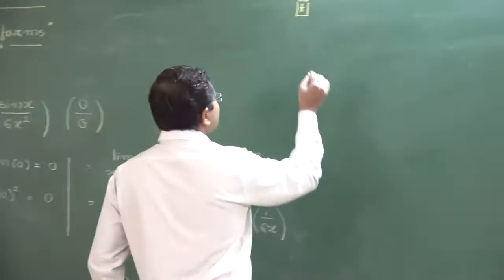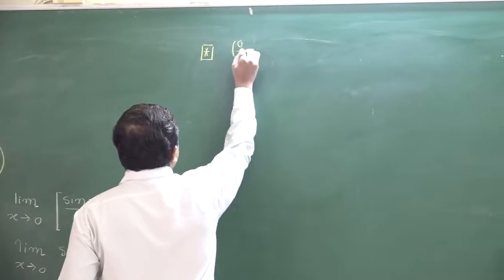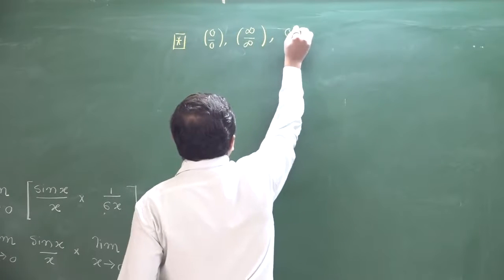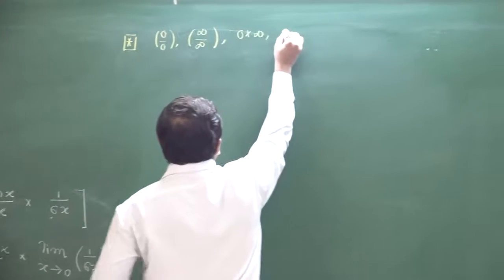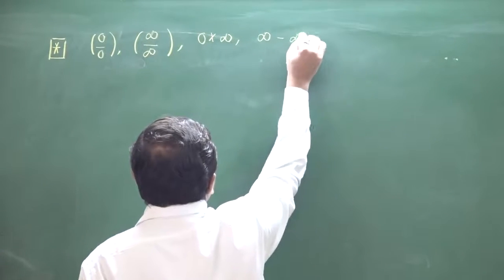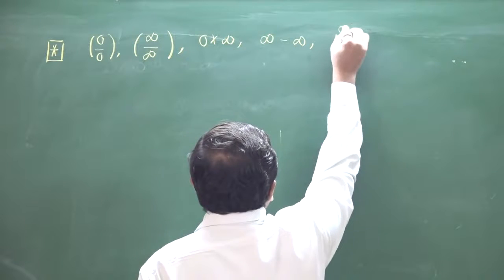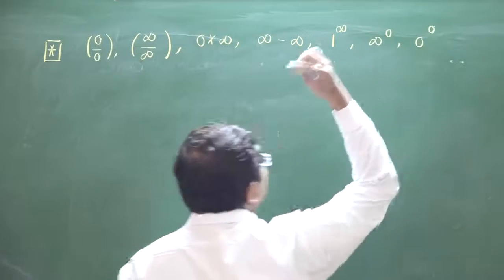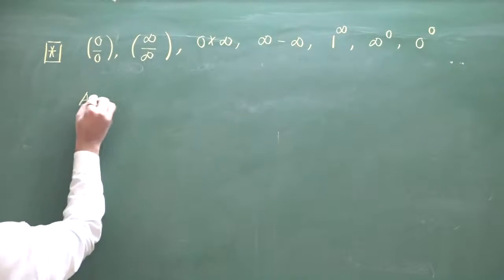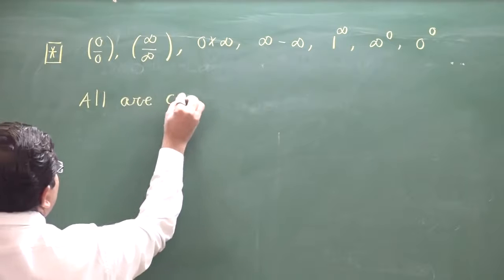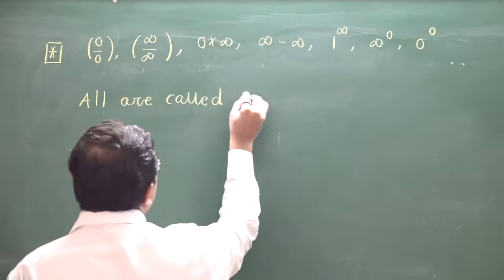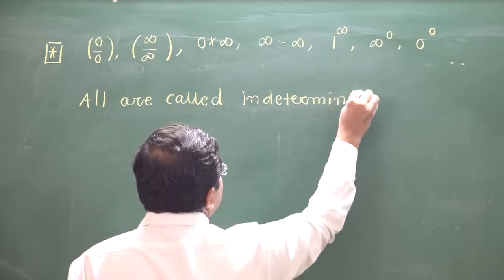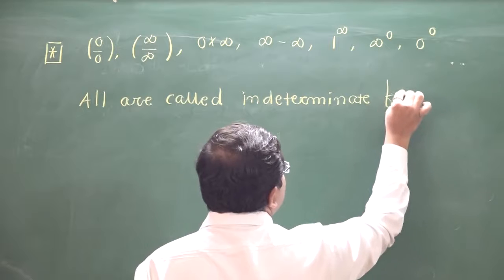These are the forms: 0 by 0, infinite by infinite, 0 cross infinite, infinite minus infinite, 1 raised to infinite, infinite raised to 0, and 0 to the power 0. All are called indeterminate forms.